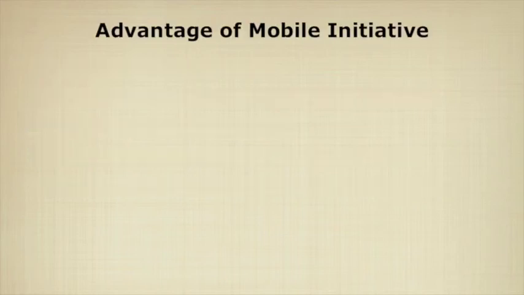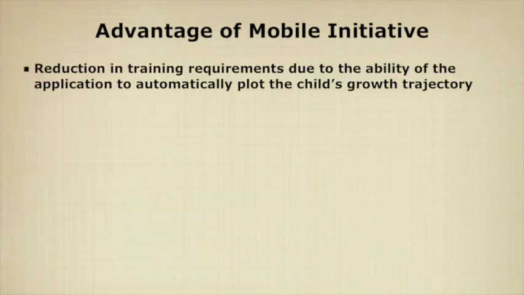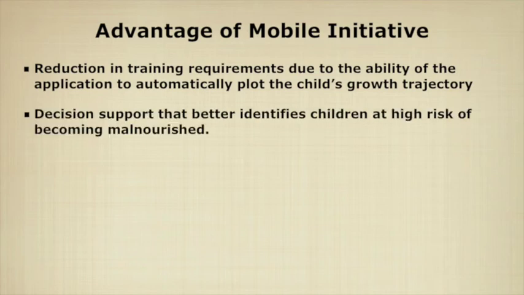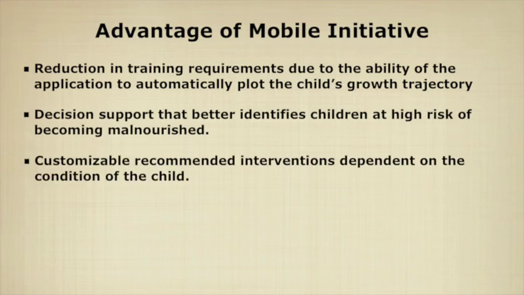The mobile initiative offers many advantages over the current paper system in place. Reduction in training requirements due to the ability of the application to automatically plot the child's growth trajectory. Decision support that better identifies children at high risk of becoming malnourished. Customizable recommended interventions dependent on the condition of the child.